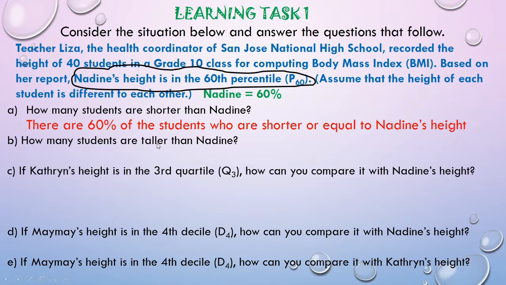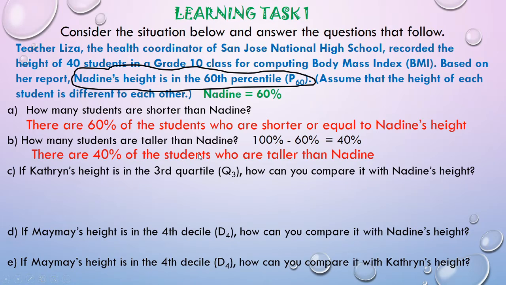Next, how many students are taller than Nadine? Dahil 60% ang shorter, i-minus natin sa 100. So 100 minus 60 is 40. So lalabas, there are 40% of the students who are taller than Nadine.